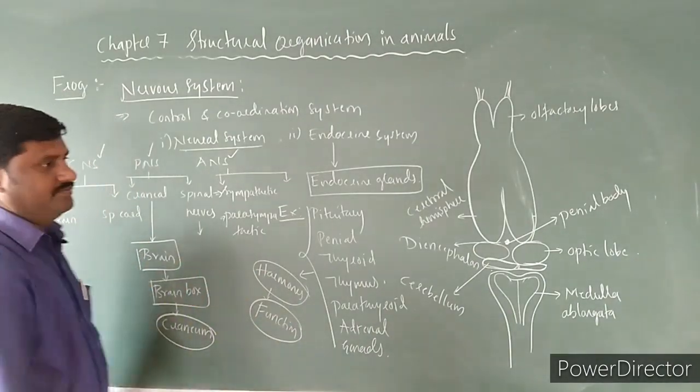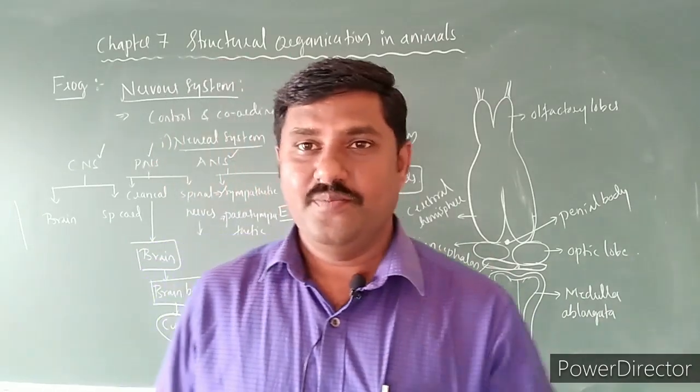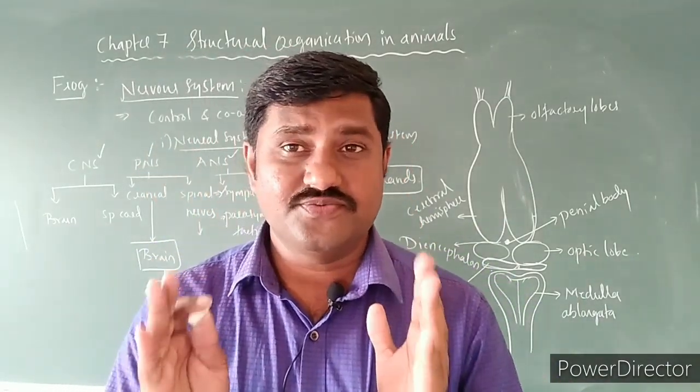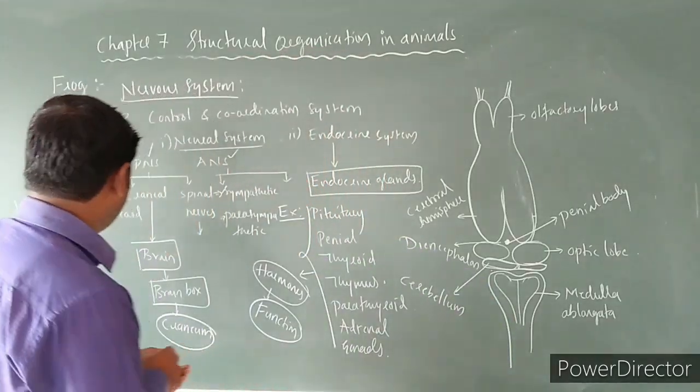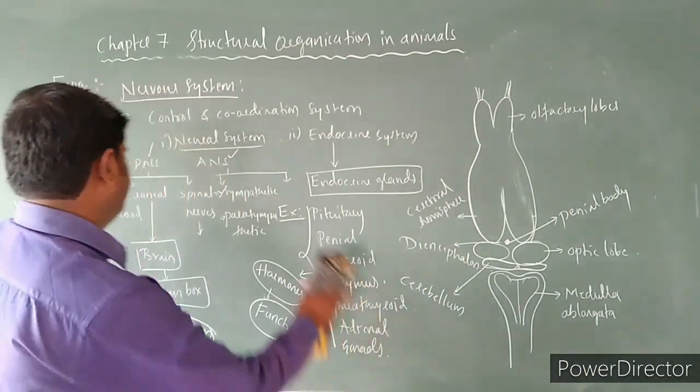And this brain mainly consists of three parts, right? Forebrain, midbrain as well as hindbrain. That is a very important point to be noted over here. So let us see the parts of the brain.